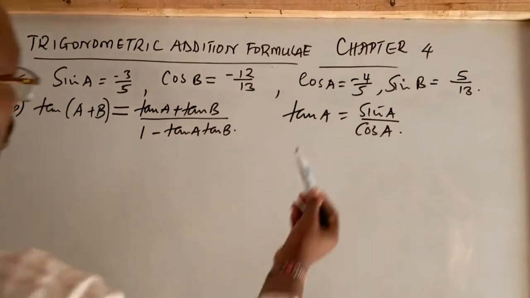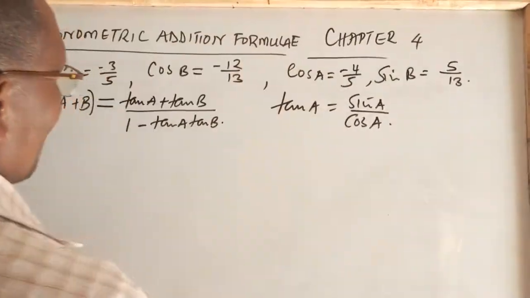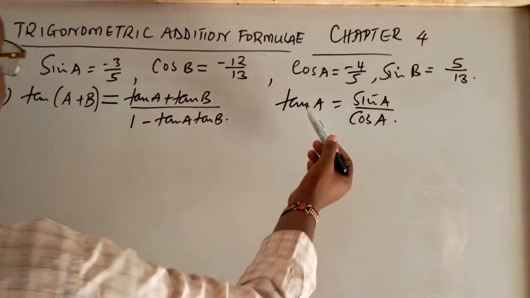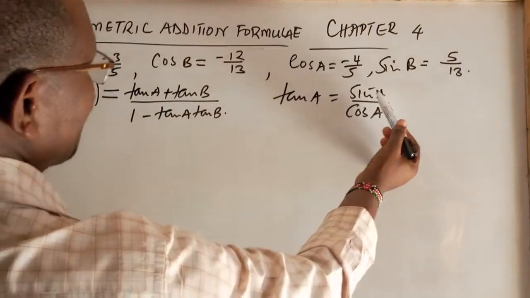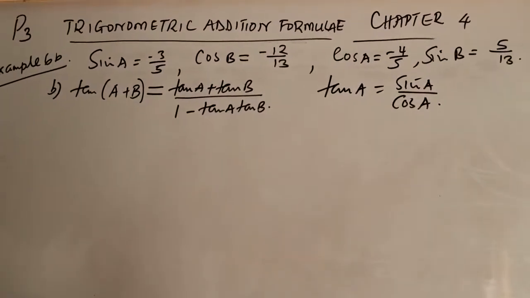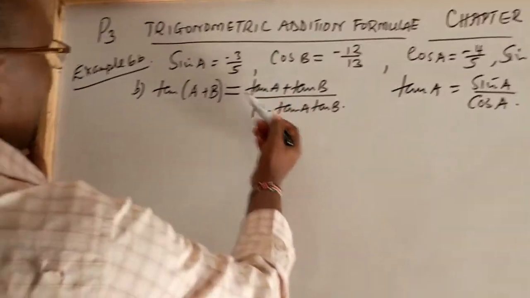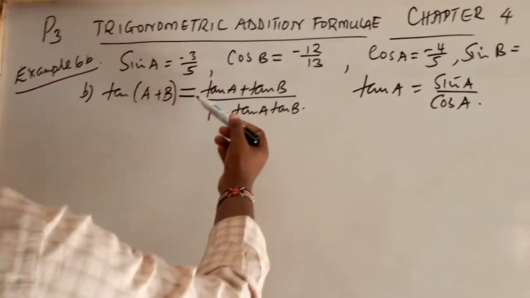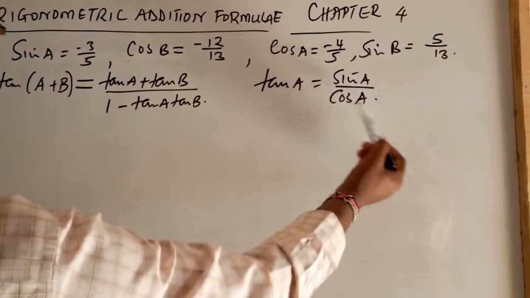A simple rule which we must remember and keep in mind always is that the tangent of A is given by the sine of A over the cosine of A. So if we would want to establish the tangent of A, we must be prepared to talk about this.